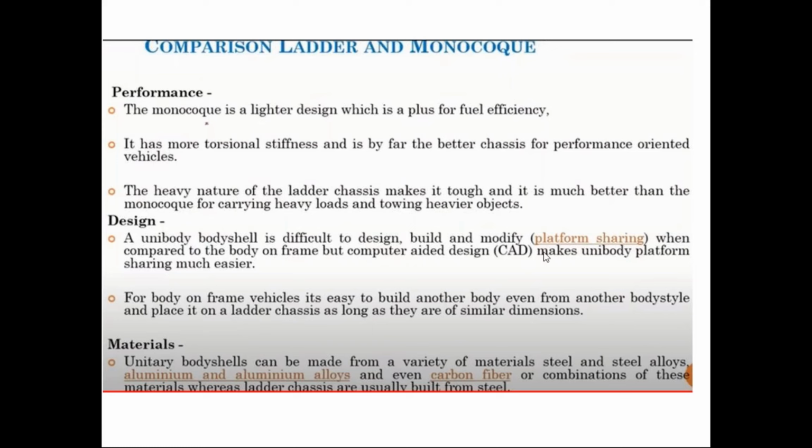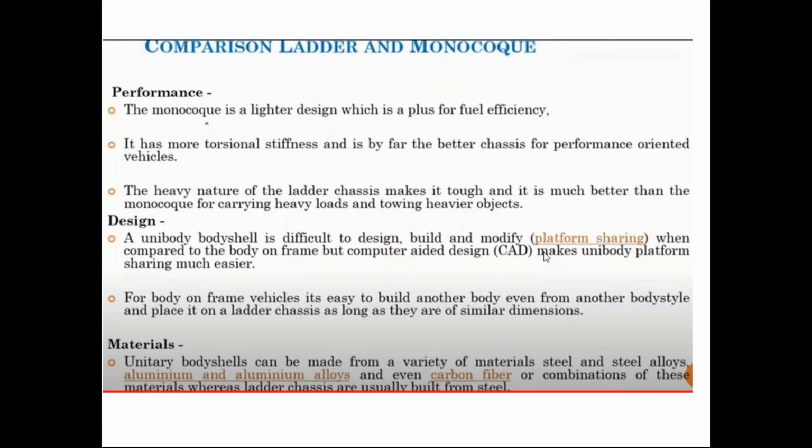And what happens usually when you go with the ladder type, it takes the maximum loads and the components which will be attached to the ladder itself. So the maximum load and stresses will be acting on the ladder itself. So intentionally that ladder is to be prepared or manufactured with a huge load carrying capacity.